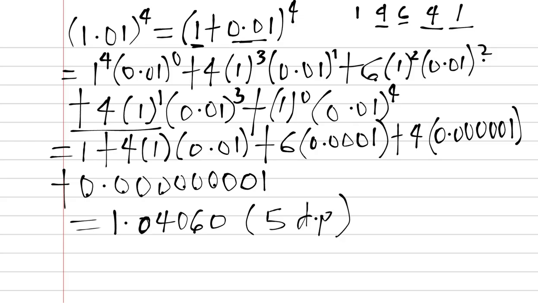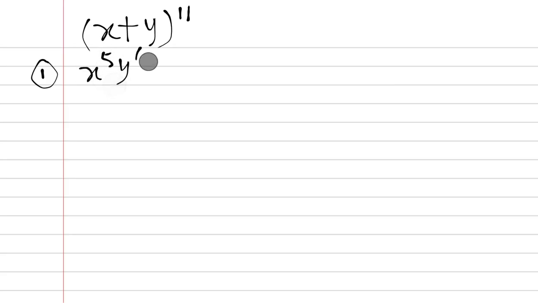All right. So let me give you an assignment. I've been the one shouting since morning and teaching. I want to give you a powerful one. So I'm going to give you x plus y. You should expand x plus y raised to power 11 and then write out the coefficient. Number 1, from this expansion, write out the coefficient of x raised to power 5, y raised to power 6.